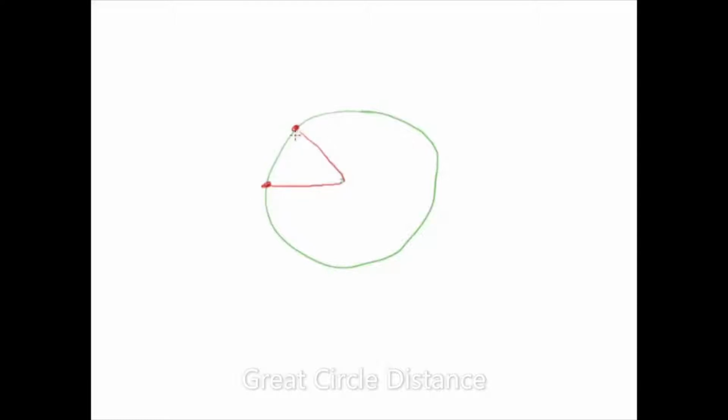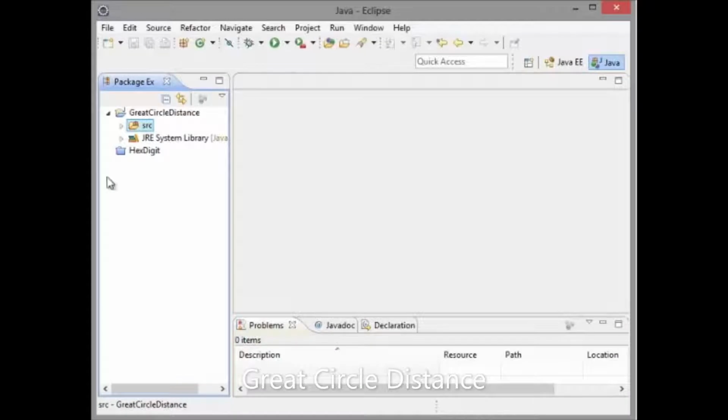However, it would be this distance here, the straight line distance. But suppose this was the Earth and you want to calculate how far you'd actually have to travel to get from one point to the other. What you're actually looking for is the distance along the surface of the sphere, and that is what the great circle distance tells us. So, over in Eclipse, let's get started.